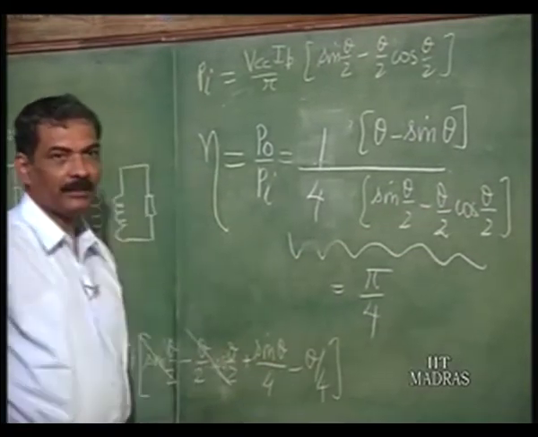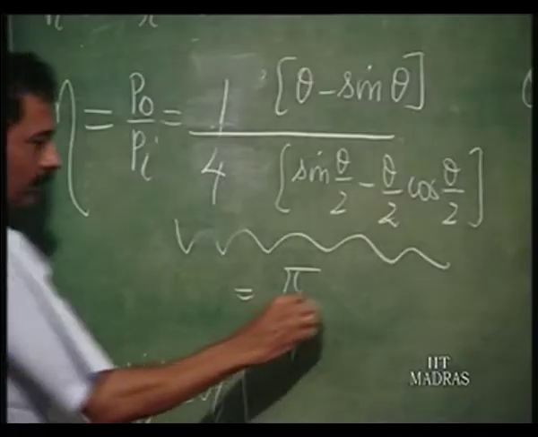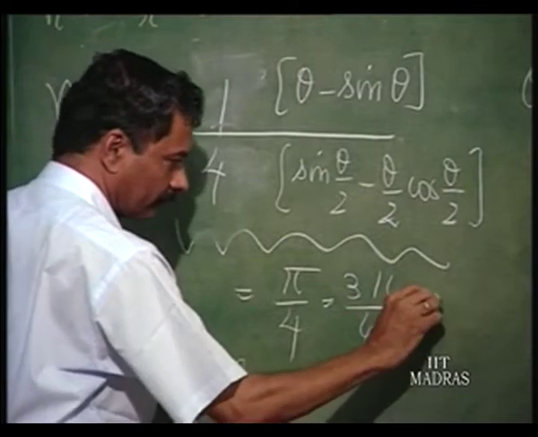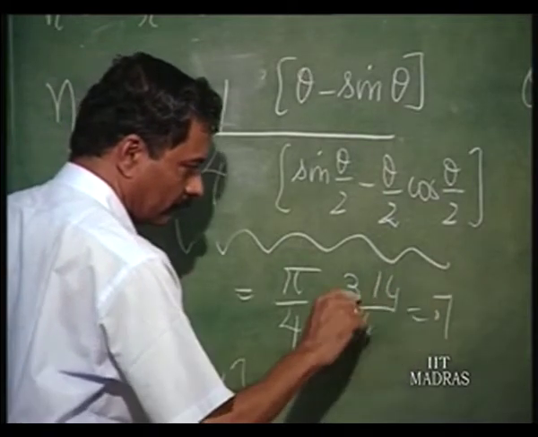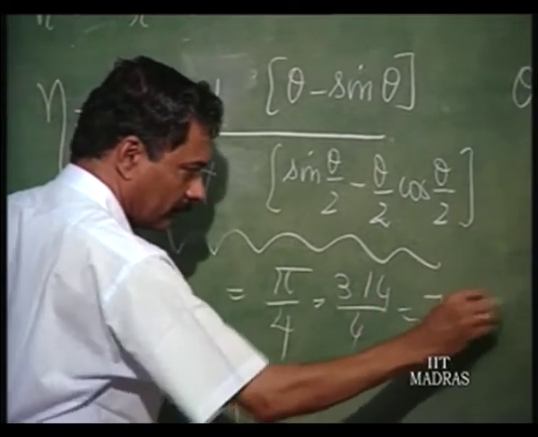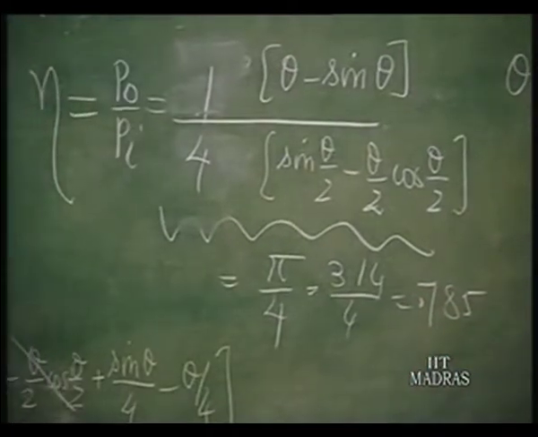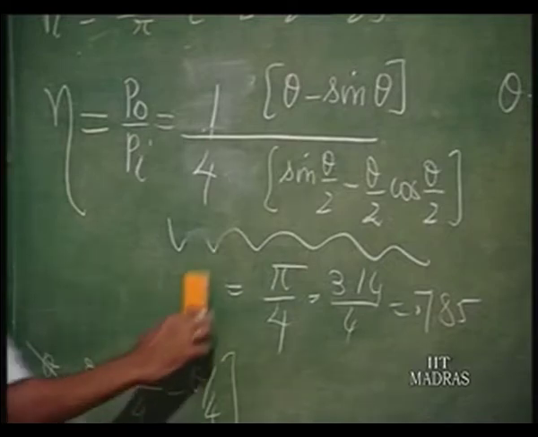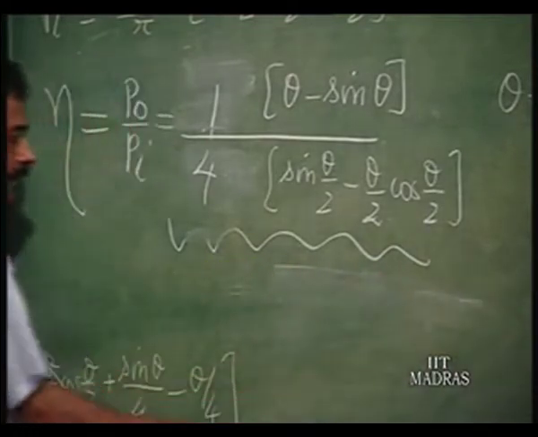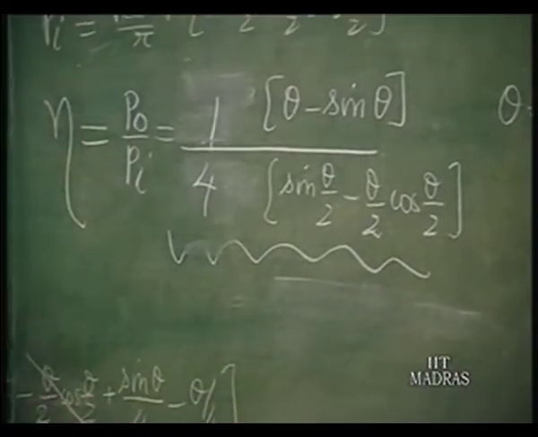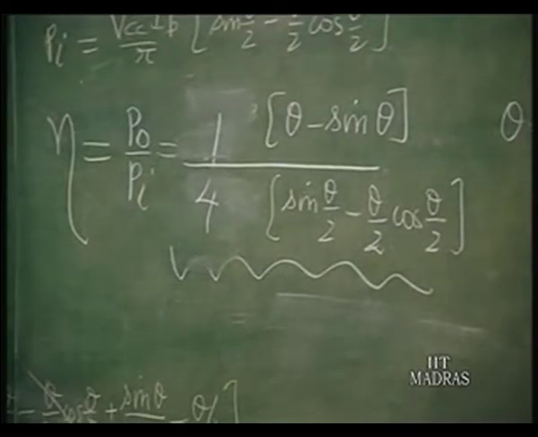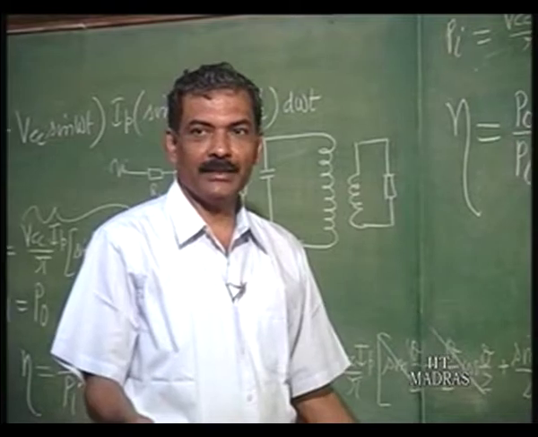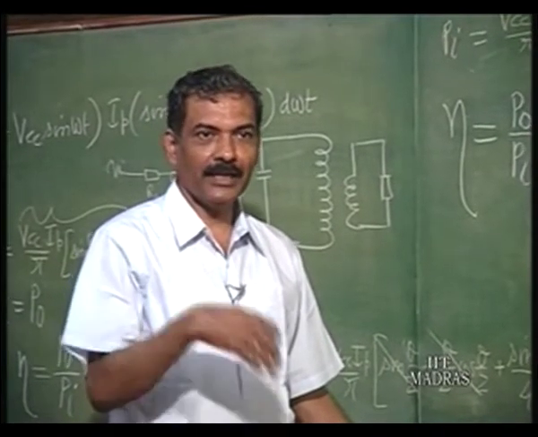So, it is pi by 4, which is 3.14 by 4, which is 78.5 percent. So, it is the correct expression. Therefore, you can see that efficiency is going to be higher than 78.5 for theta less than pi.